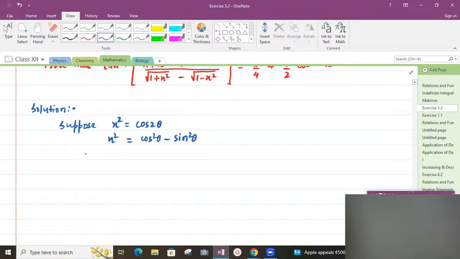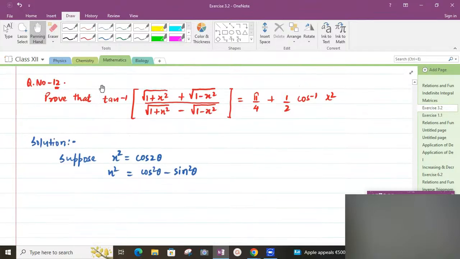Again, we find out 1 plus x square and 1 minus x square.